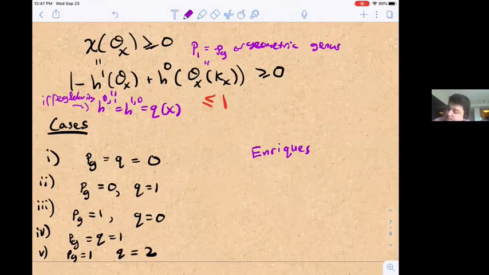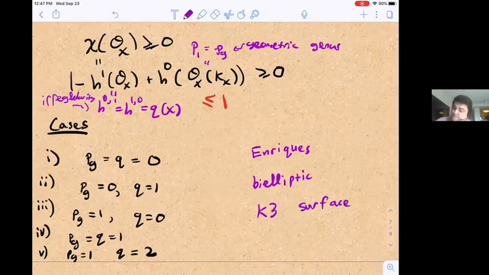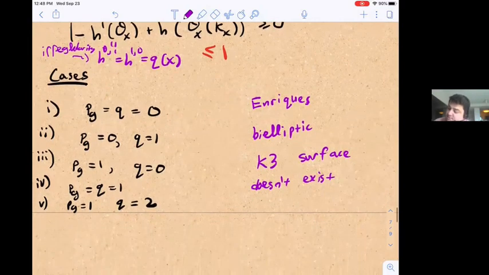Similarly, the second one is what's called the bielliptic surface. The third one is a K3 surface. The fourth one actually just doesn't exist. And the fifth one is an abelian surface.